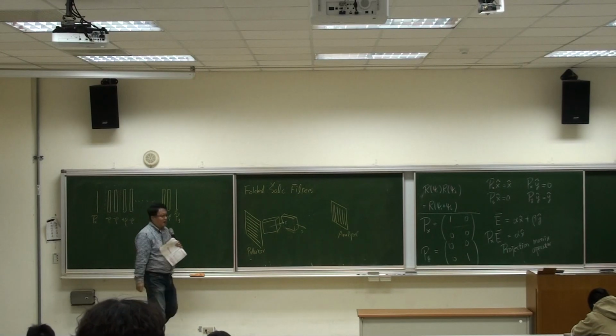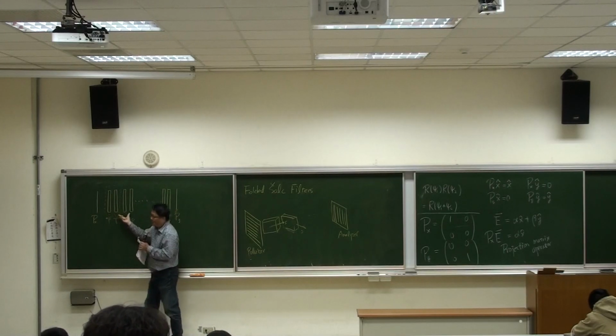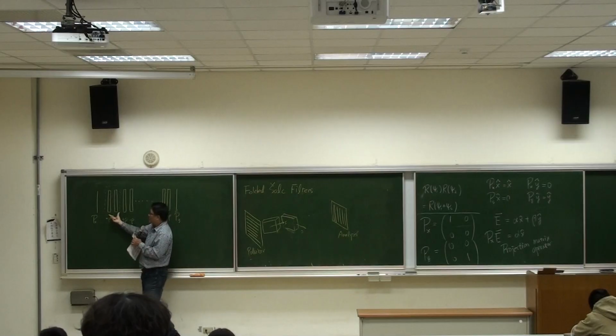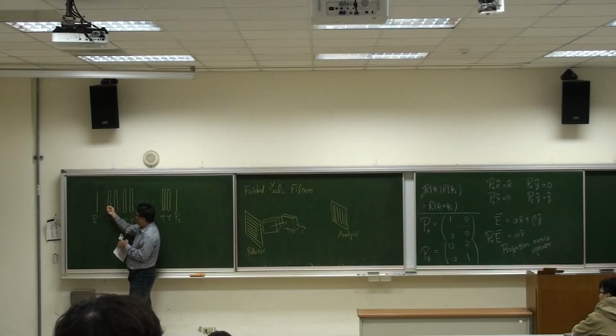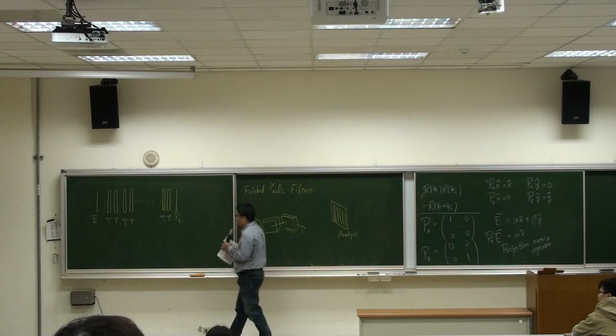So this is a period, okay? A period of the structure consists of one piece along the positive rho and another piece along the negative rho direction.